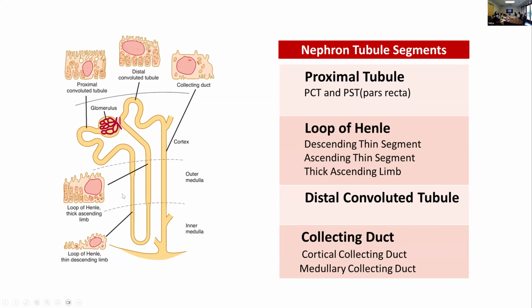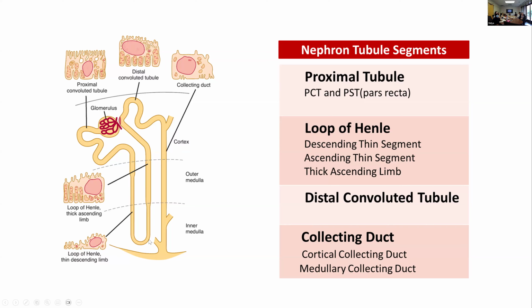And then it goes deeper to the medulla region, and in the medulla we have the loop of Henle, with a thick segment and a thin segment. Since this is going down to the medulla, we call it the descending loop of Henle.